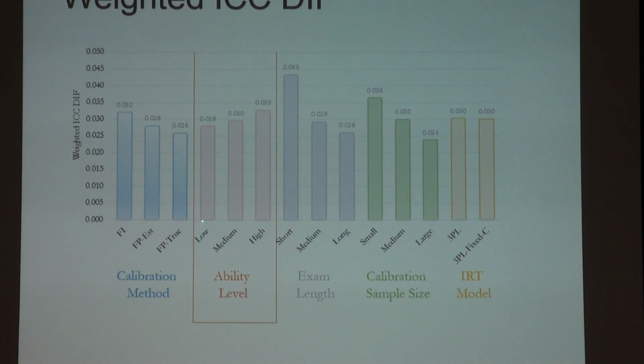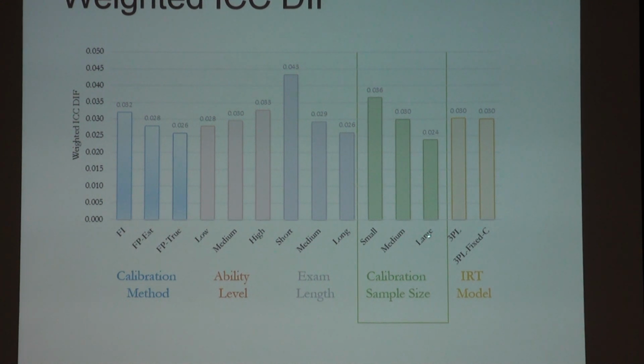Low ability group shows smaller difference between true and the estimated parameters. And the sample size, again, larger sample size has better results. And for IRT model, they have pretty similar results.